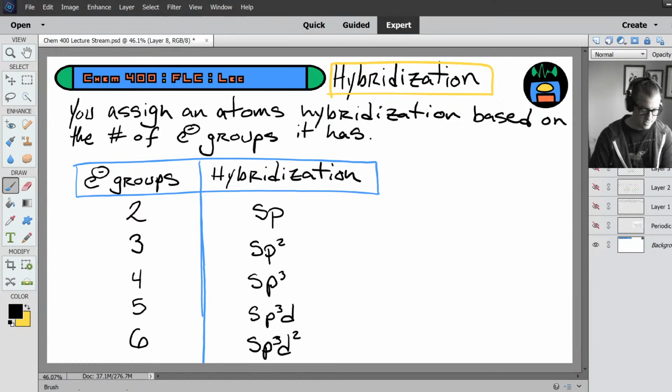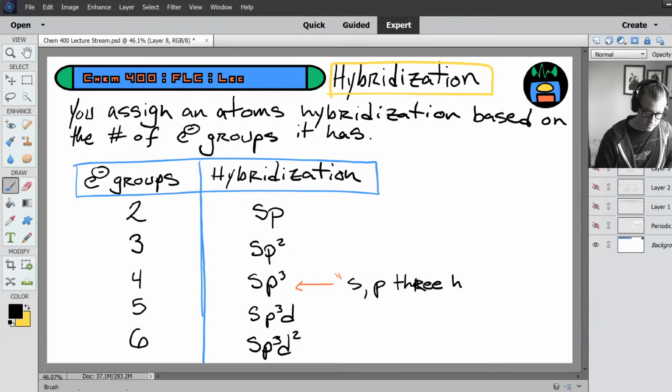All right, that is the hybridization. The way you say this, for example, if you have 4 electron groups, you would say that this is sp3 hybridized.